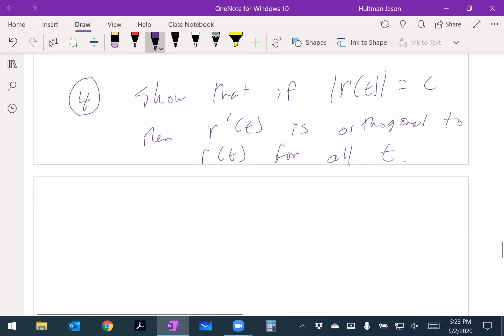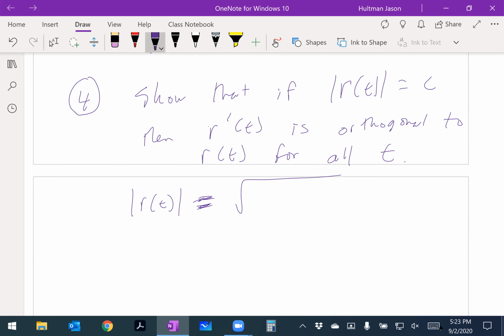Okay, like it's orthogonal. Okay, interesting. Okay, so let's think about this for a second. How would I rewrite r of t, the magnitude of r of t? Anybody remember what the magnitude of r of t was?